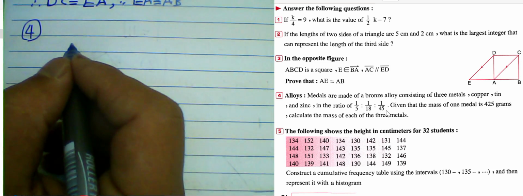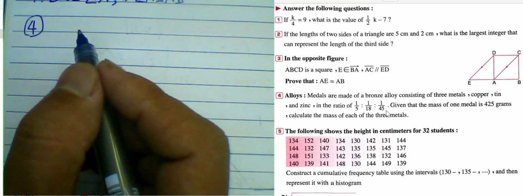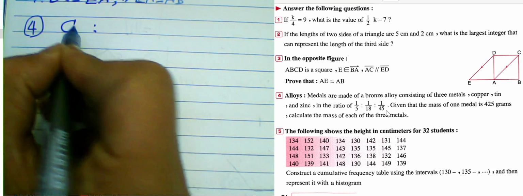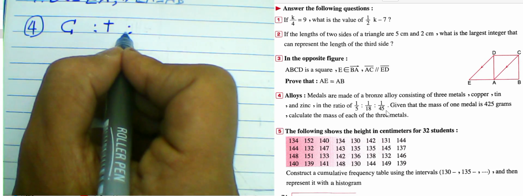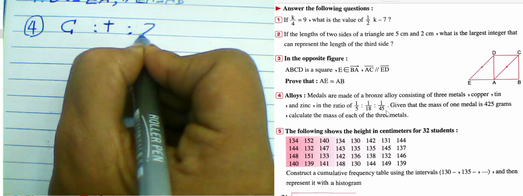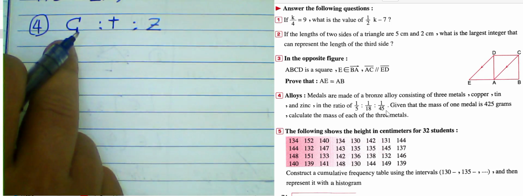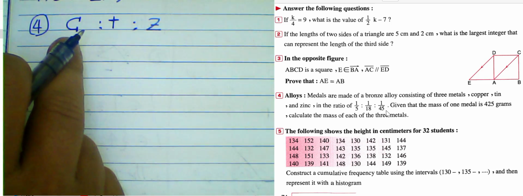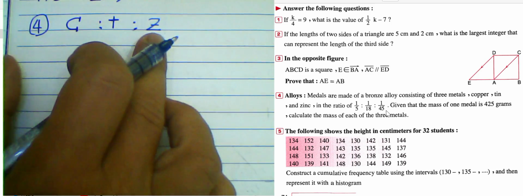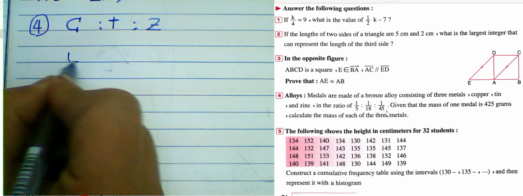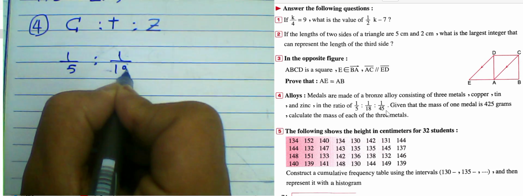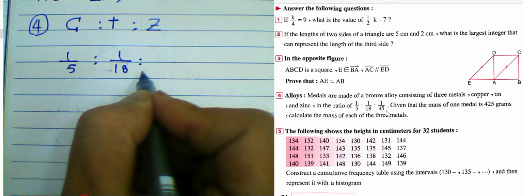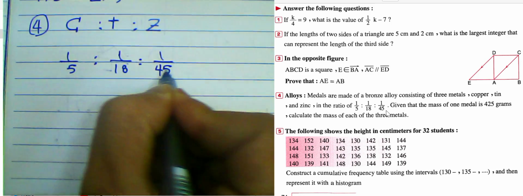Okay, we can write the ratio between the 3 metals, copper, tin, and zinc. C refers to the first metal, copper, then tin, zinc. The ratio here is 1/5 to 1/18 to the third number 1/45.